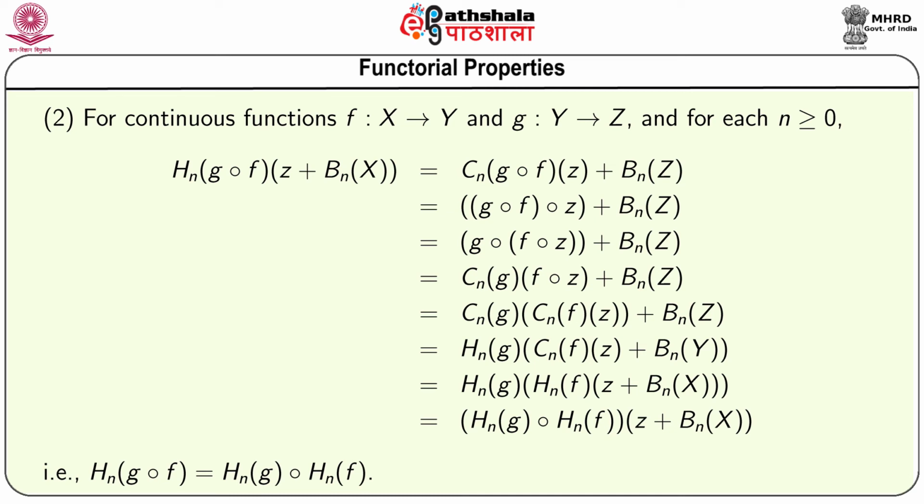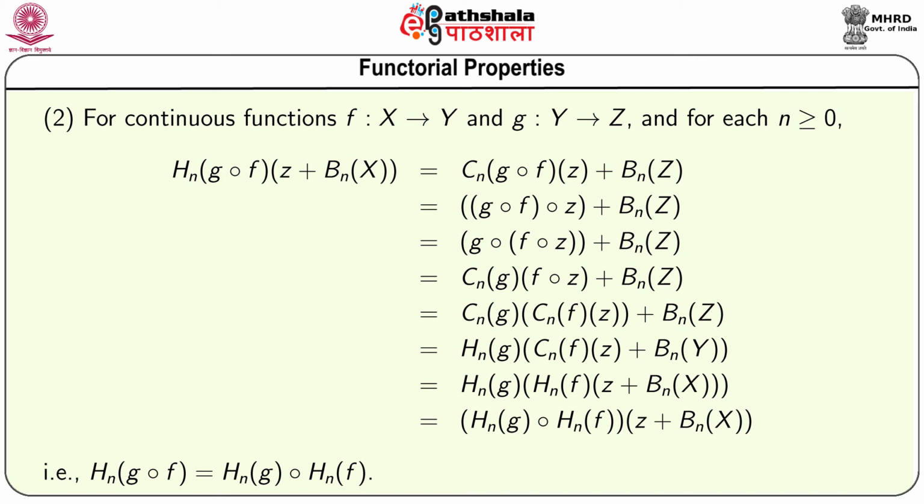This follows from the definition of Hn(g composed f), and that is equal to (g composed f composed z) plus Bn(z), because we know that Cn(g composed f)(z) is defined as g composed f composed z. So, since composition of maps is associative, it is equal to g composed (f composed z) plus Bn(z).